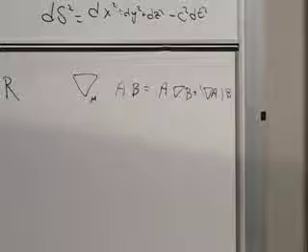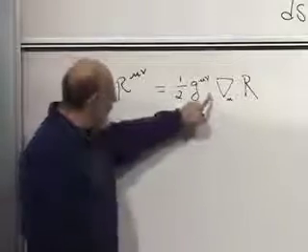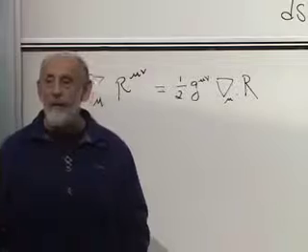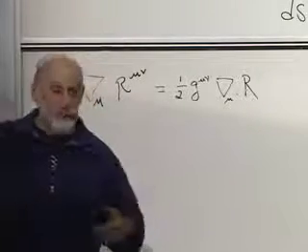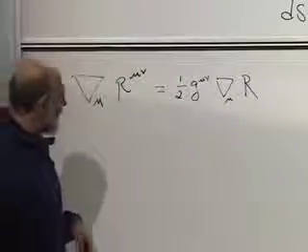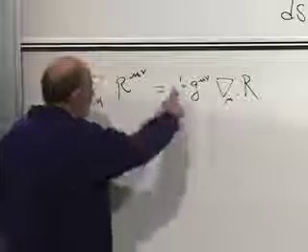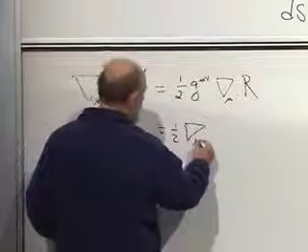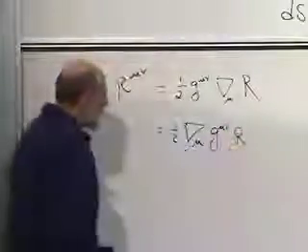So now we look at this over here, number 1, and we say, wait a minute. Remember the fact that the covariant derivative of the metric tensor is 0. The covariant derivative of the metric tensor with upper or lower indices, it doesn't matter where you put the indices, is 0. So you can also write this as 1/2 the covariant derivative of g mu nu times R. Why is that?